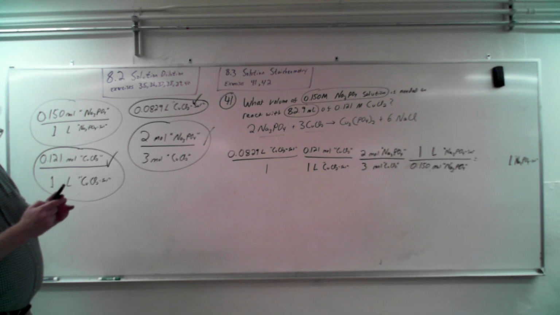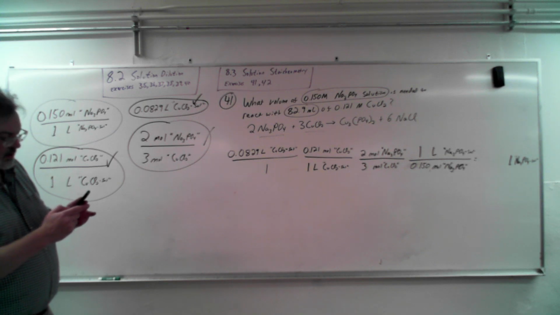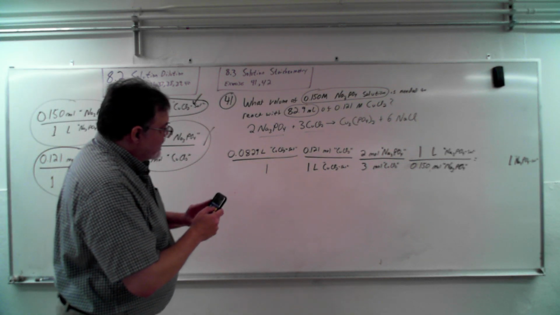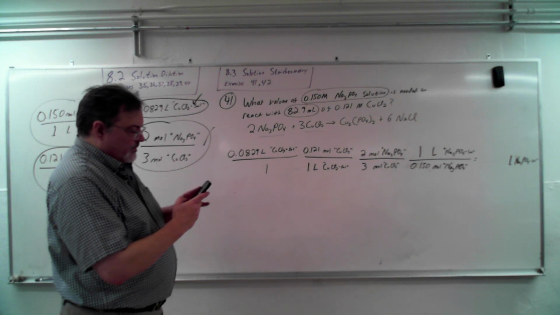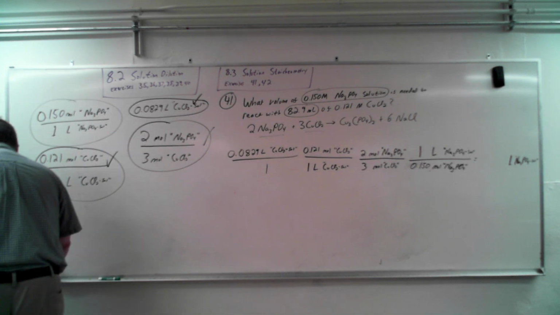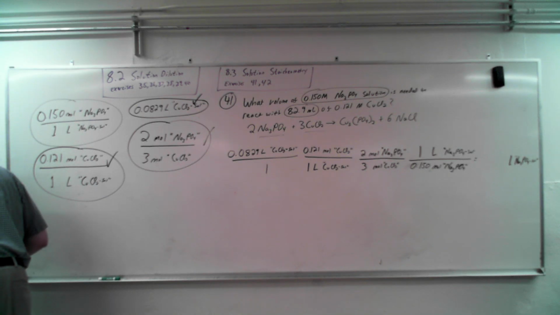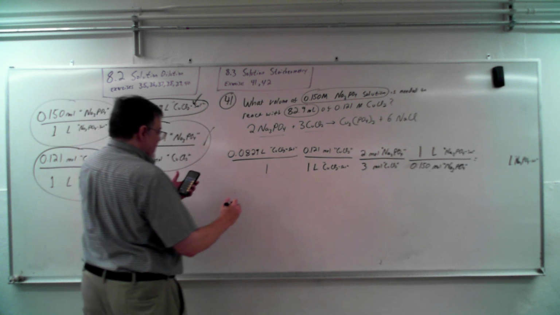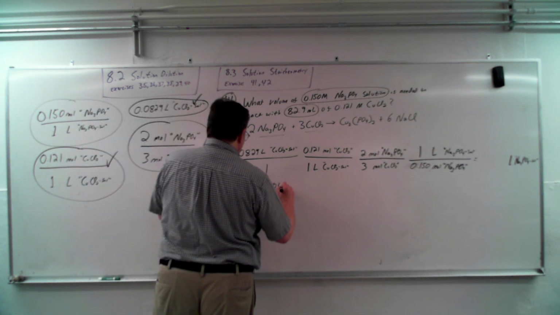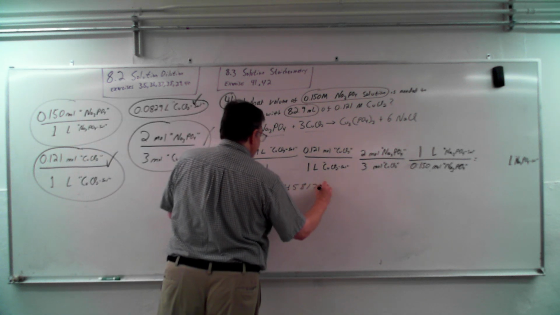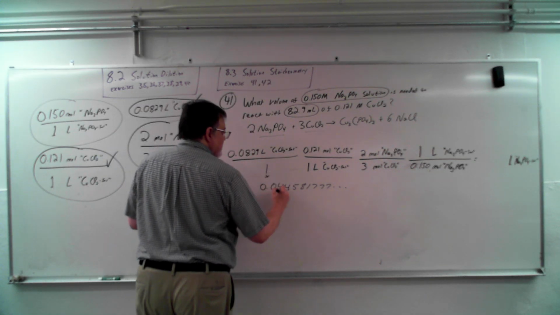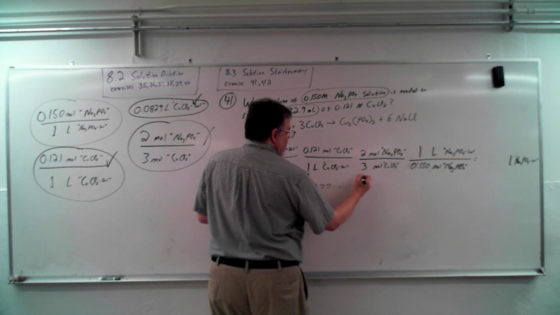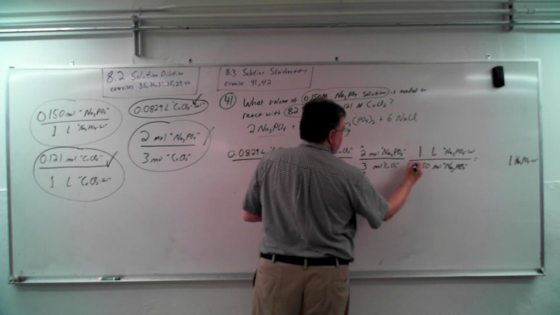0.0829 times 0.121 times 2 divided by 3 divided by 0.150. If I punch that in correctly, my calculator says 0.0445817777. These are exact, and that is exact.